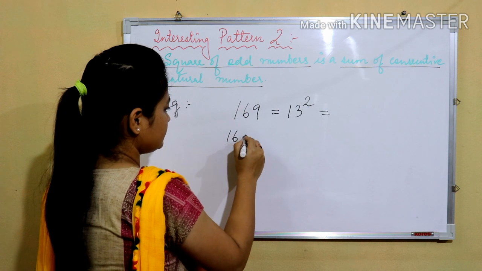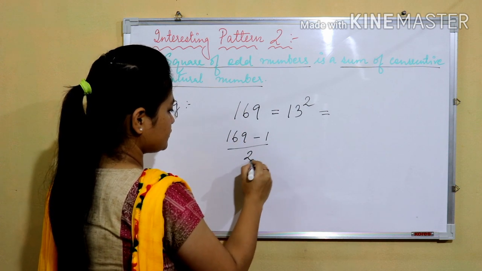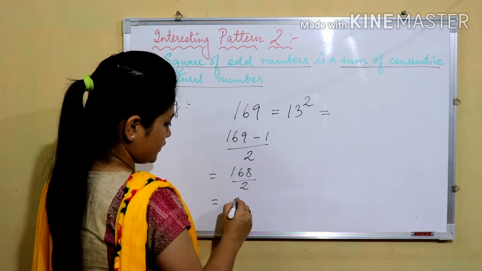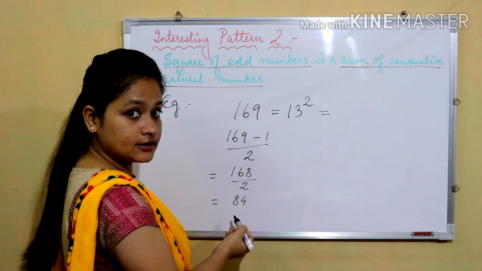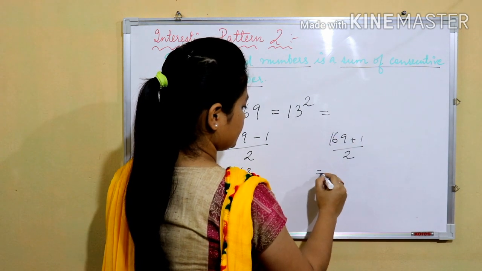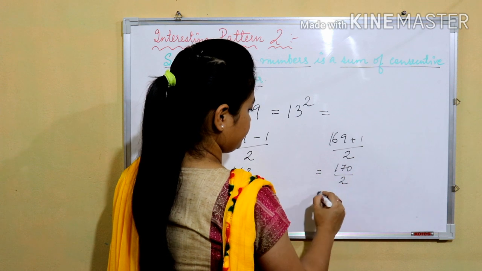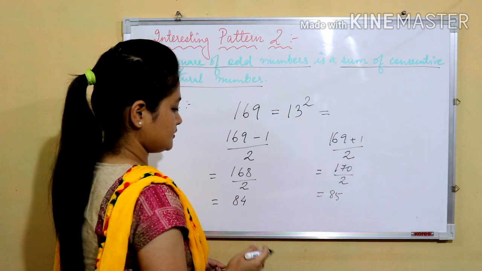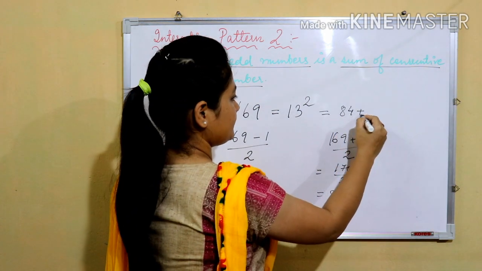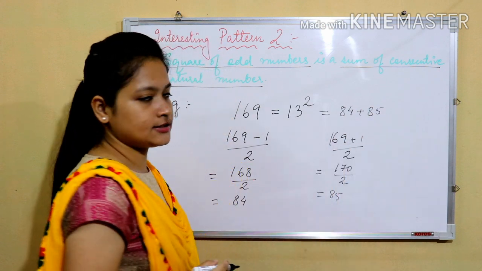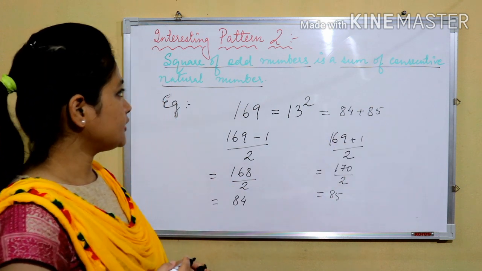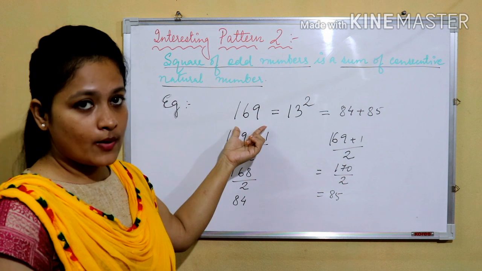So 169 minus 1 divided by 2, which means 168 divided by 2, so the first number we got is 84. Next, 169 plus 1 divided by 2, that means 170 divided by 2, which means 85. That means the two consecutive numbers to be added are 84 plus 85. By adding 84 and 85, we will be getting 169. So these are the two consecutive natural numbers that give the square of an odd number.